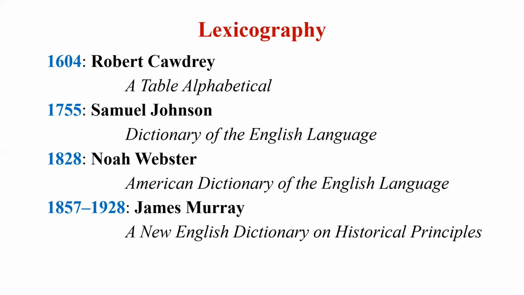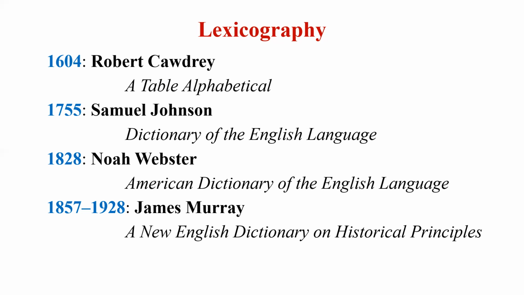We have the most famous editor-in-chief, James Murray. But the project took a lot of years, a lot of decades. It started around 1857 and the first set came out in 1928. James Murray was responsible for bringing out the initial sets of the dictionary.